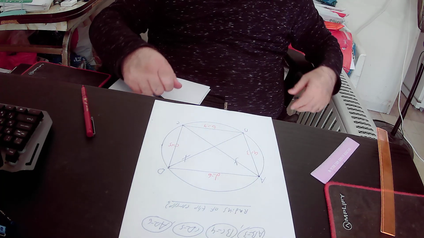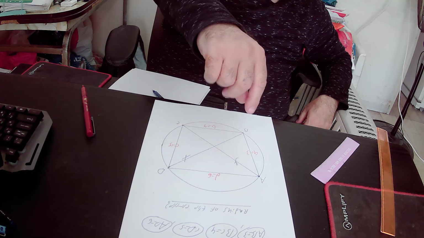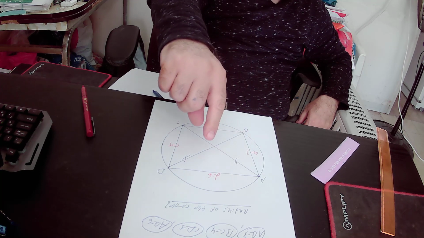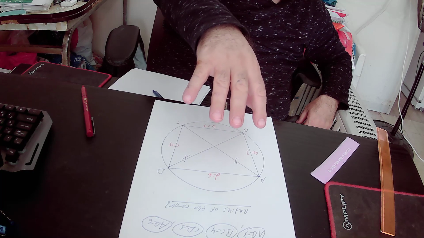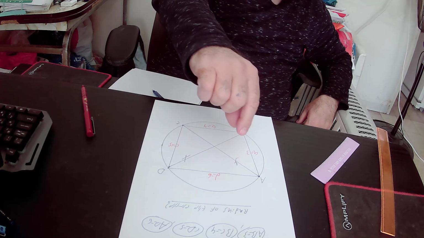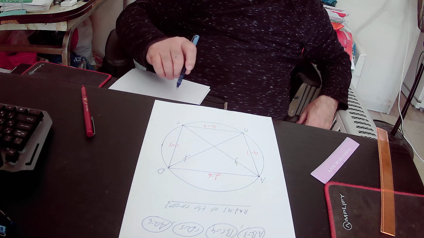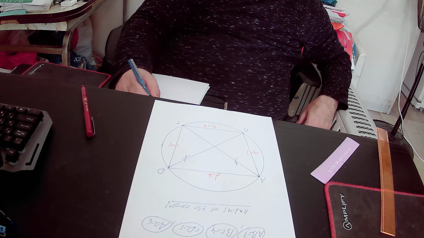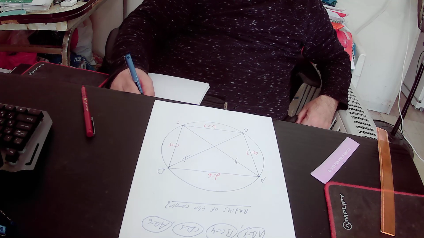Therefore, the area of quadrilateral ABCD will be equal to the area of triangle ABC plus the area of triangle ADC, because quadrilateral ABCD consists of exactly those 2 triangles.